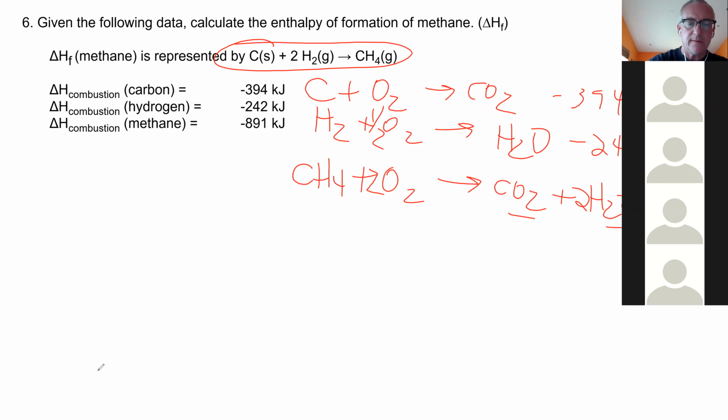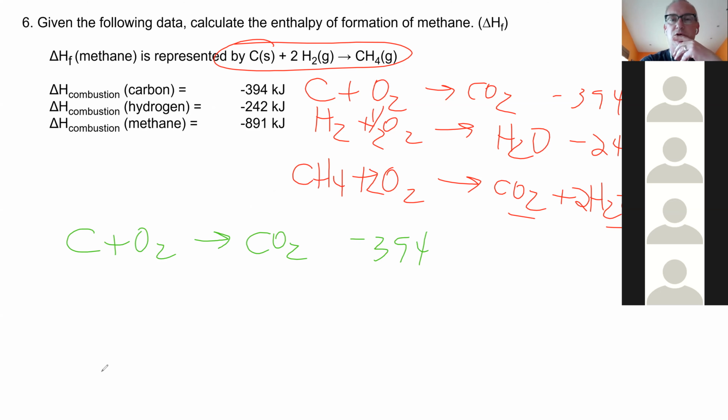That is C plus O2 gives you CO2 and minus 394.